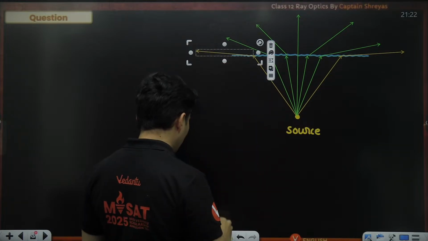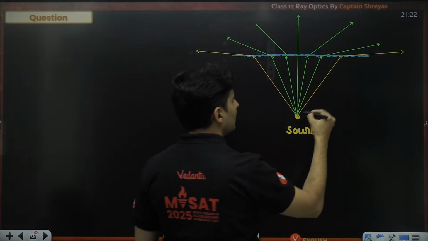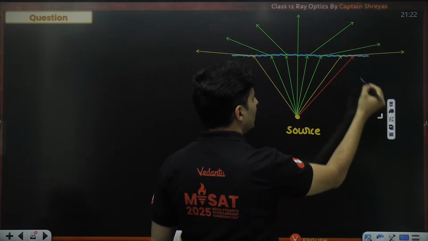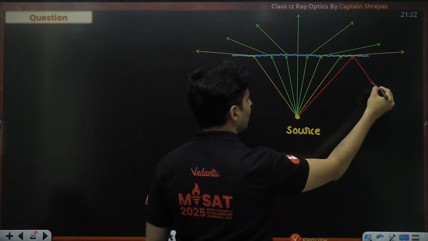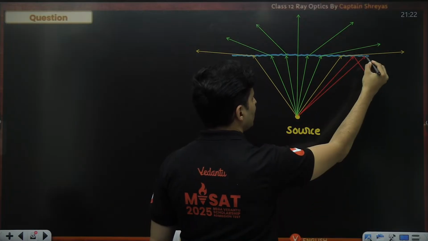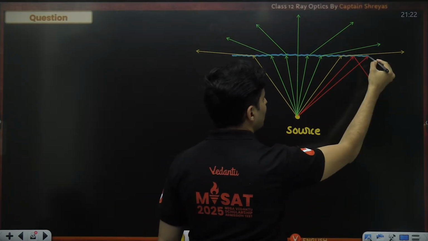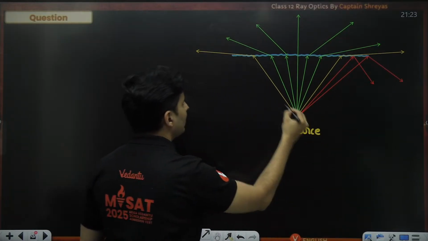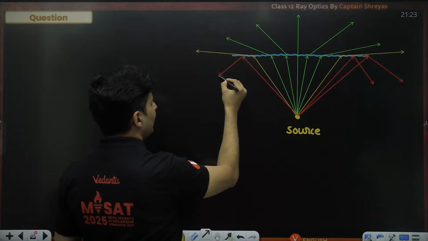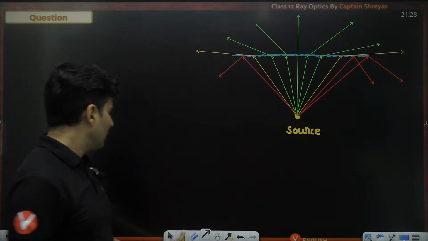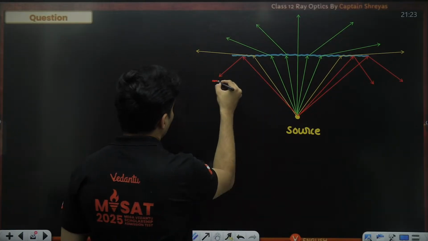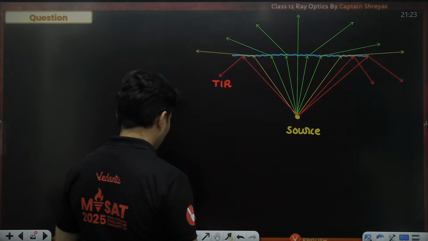because after that, whatever light rays will come, they will not be able to come out. They will just get internally reflected. They'll just follow the laws of reflection. So this ray also will get reflected internally. So this is your total internal reflection.